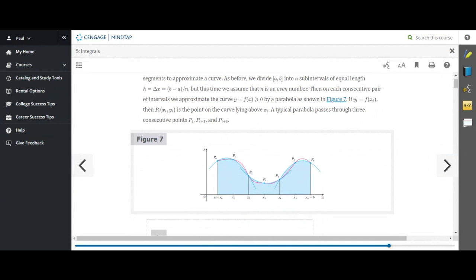You get parabolas that approximate the function along each subinterval, and parabolas can approximate curves better than lines normally can. So Simpson's rule is yet another rule that is utilized.